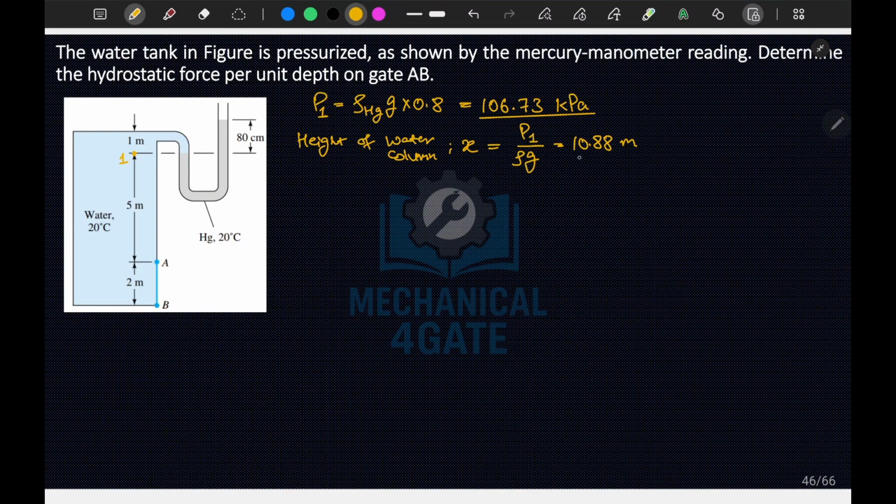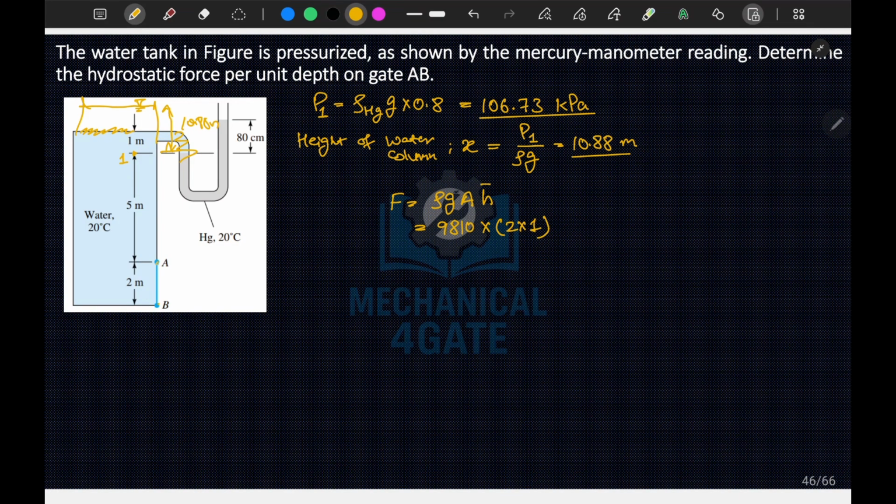So what does this term indicate? It indicates that if I remove this cover and the whole system here, and increase the height of the system above this point by 10.88 meter, then after 10.88 meter we will get a free surface, and we can directly apply the formula F is equal to rho g A h bar, equal to 9810 into A, which is 2 into 1.